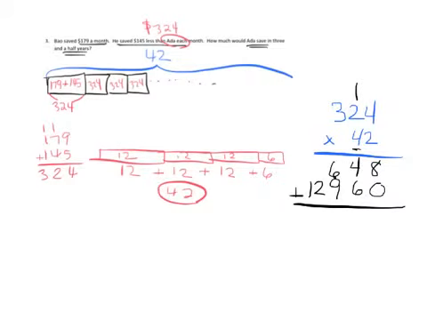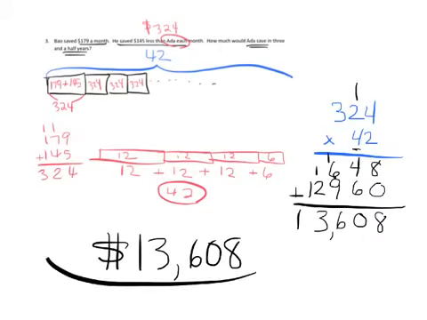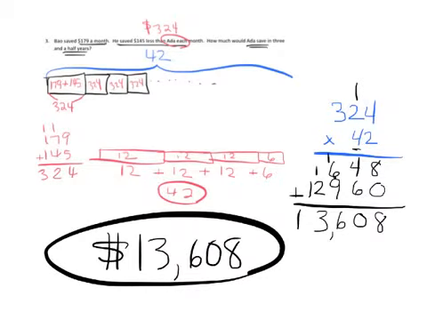Now we're free to add all of that together, so 8 and 0 is 8. 4 and 6 is 10, carry the 1. 1, 6, and 9, you add all that up, you get 16, carry the 1. 1 and 2 is 3, and 1. So Ada is going to save $13,608 in her 3.5 years. Whoa.